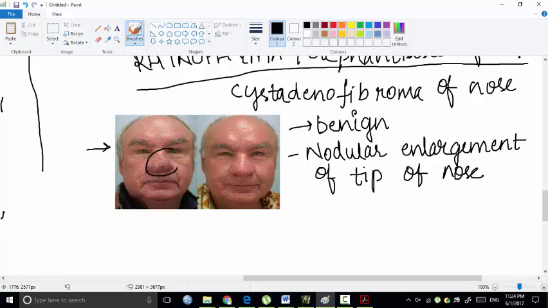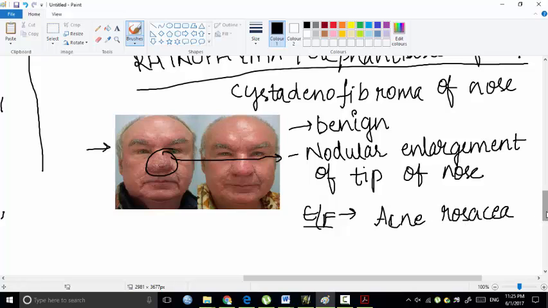But what is the major etiological factor of it? Etiology. It may be due to, first, acne rosacea, which is a skin condition.